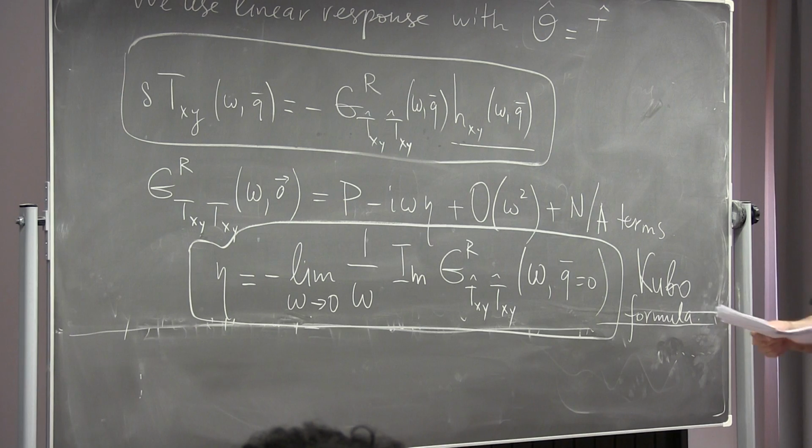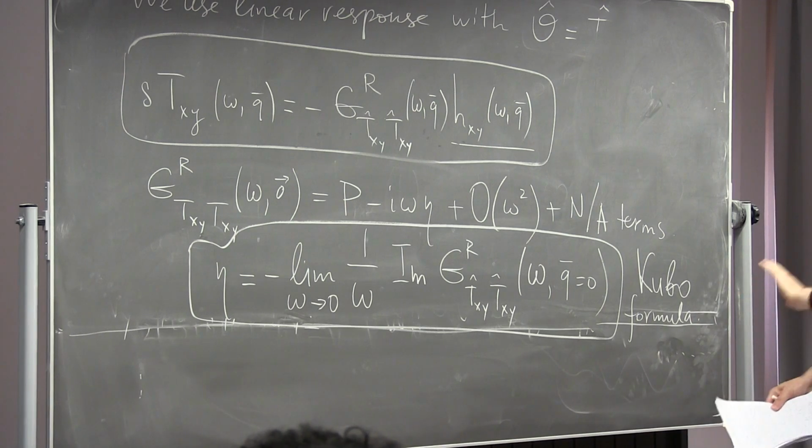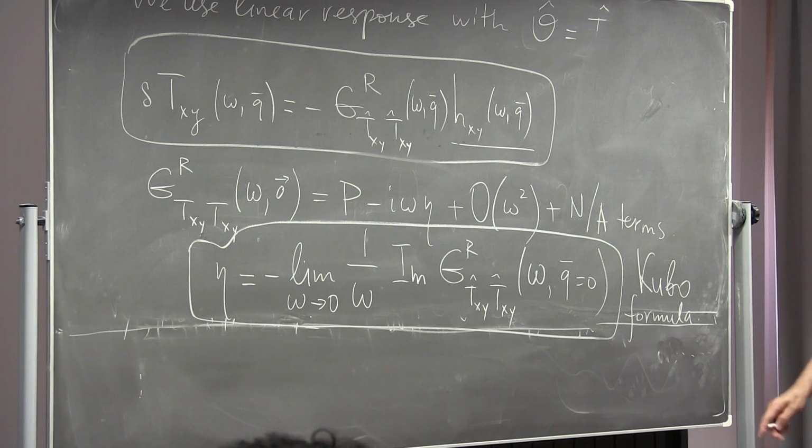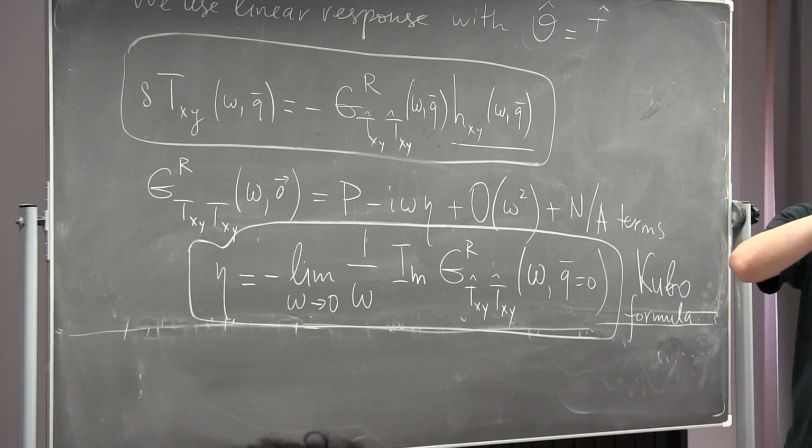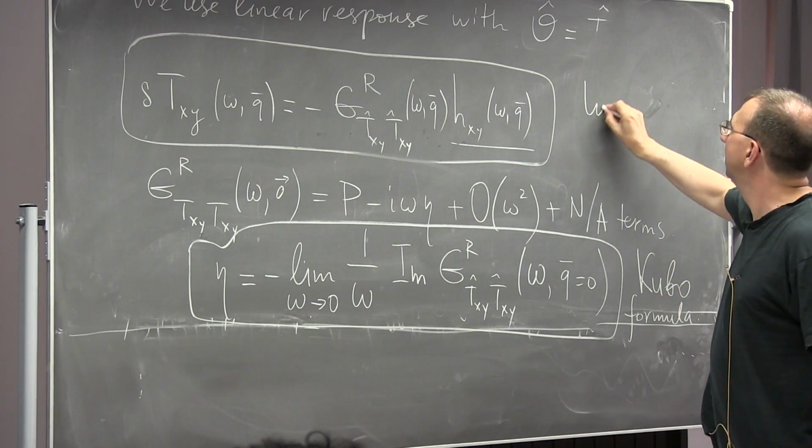So historically, it's different. Kubo actually wrote different formulas, but there were people like Kubo and Mori and Green and Luttinger. Actually, I think the formula for viscosity, at least in the relativistic context, was first written by Luttinger.